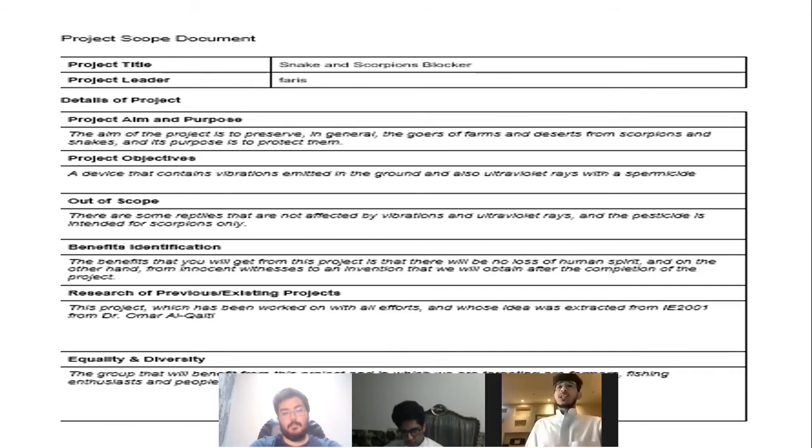The third thing is the product acceptance criteria. It defines the process and the criteria for accepting a completed product, service, or result of the project.